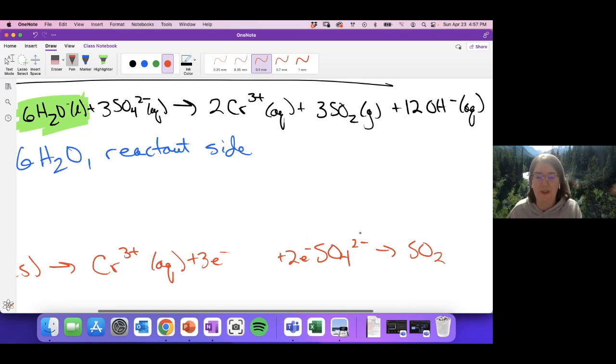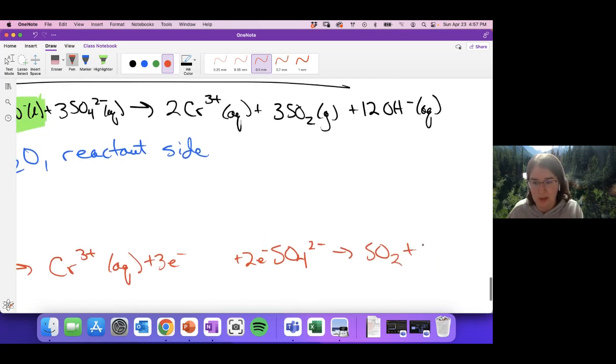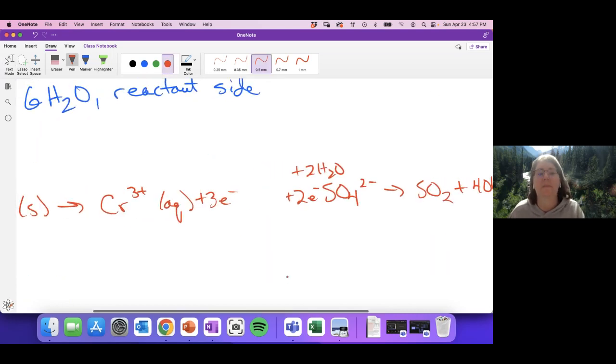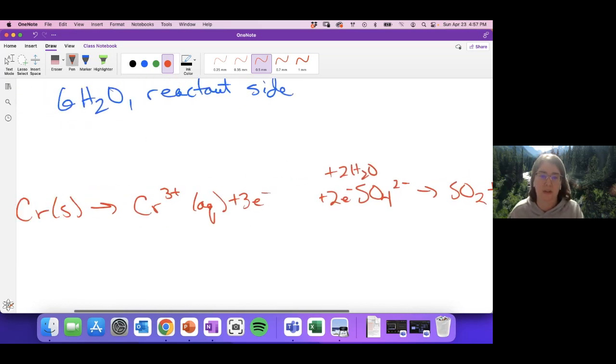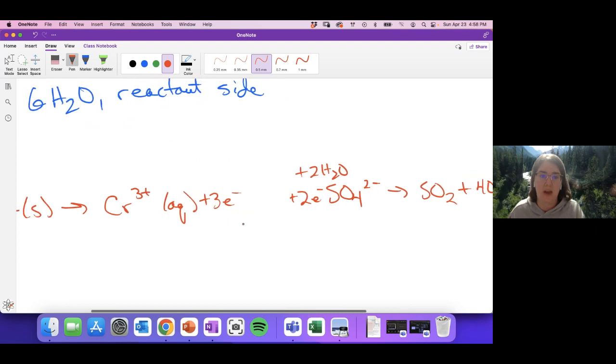That's fine. I know that they're not balanced. +4. +2 waters over here, +4 hydroxides over here, balancing the base. So some things that we can do. First of all, those are my half reactions.